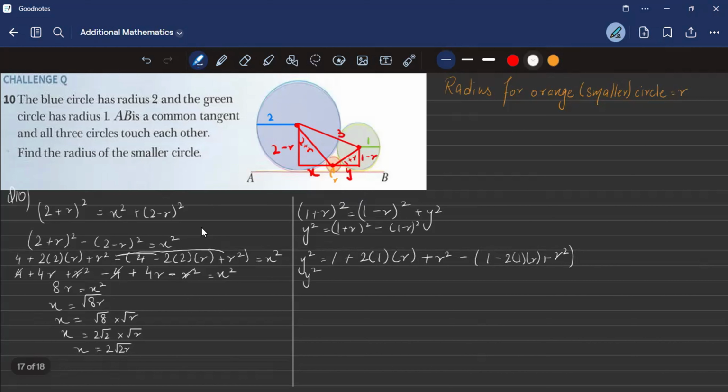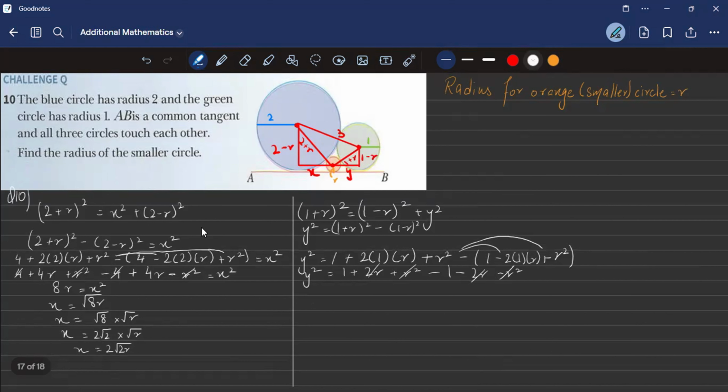Simplify this, y squared is equals to 1 plus 2r plus r squared minus 1, again minus 2r and minus r squared. Now simplify this, r squared and minus r squared are cancelled down. Negative 2r and 2r are cancelled down.